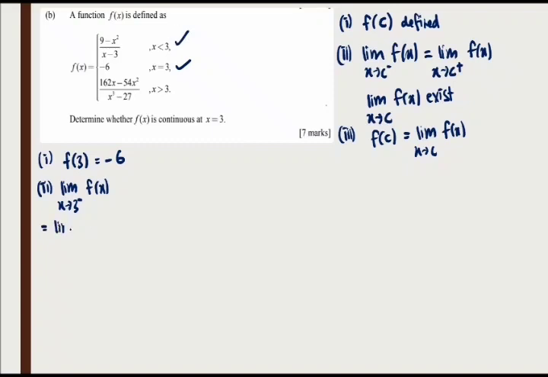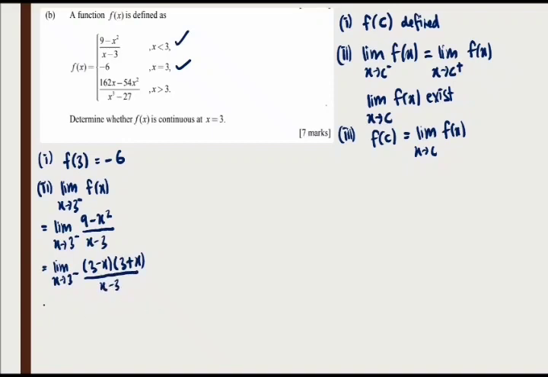So we will have the limit as x approaches 3 from the left of 9 minus x squared, divided by x minus 3. We can actually factor this: 3 minus x, and then 3 plus x, divided by x minus 3.